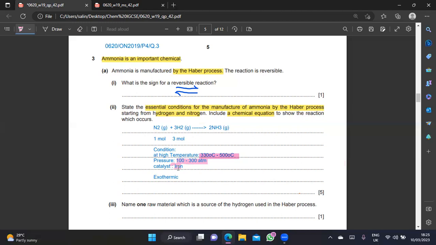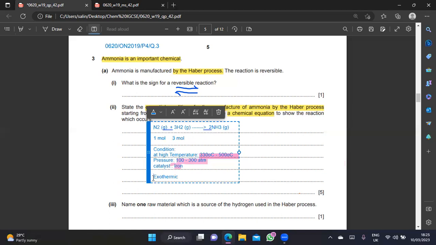What about pressure? 100 to 300 atm. What about the catalyst? Iron catalyst. Then you can say that the reaction is exothermic.